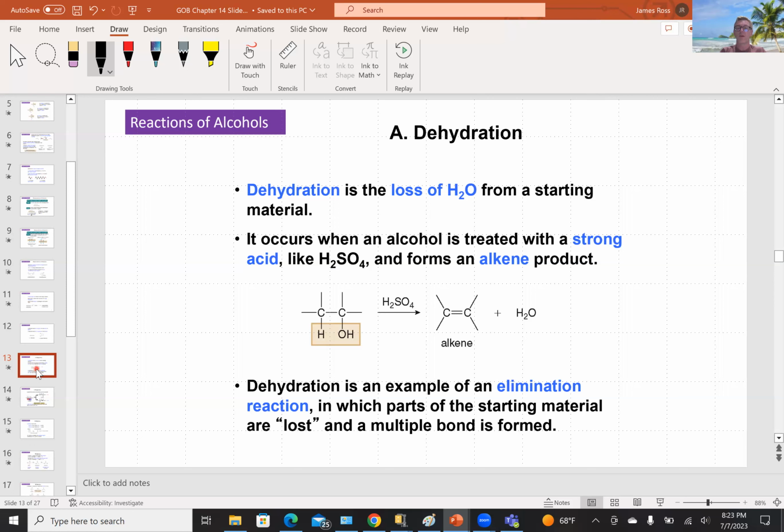Here we're going in the reverse order. We have dehydration. So whereas hydration was the addition of water to a double bond, here we can have the removal of water to create a double bond. So it's literally the opposite of hydration.